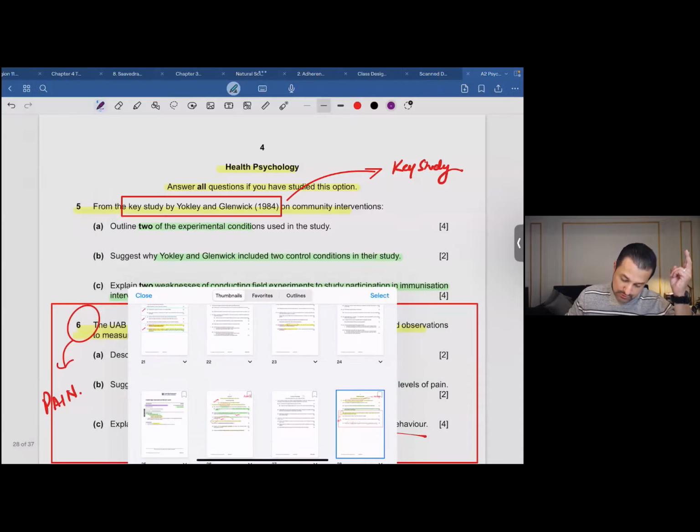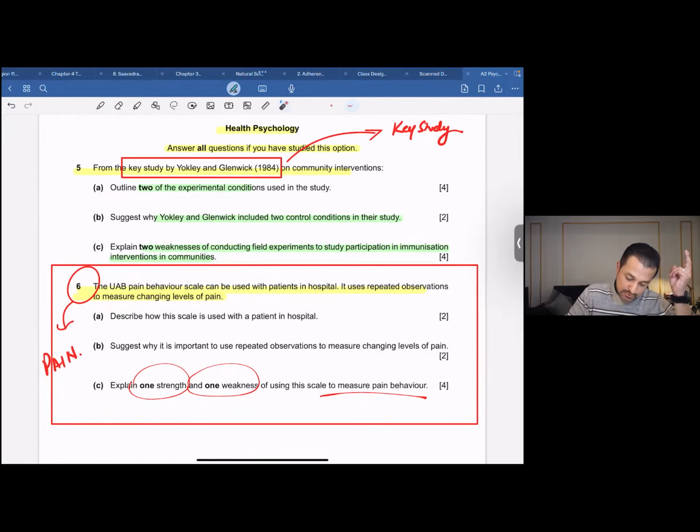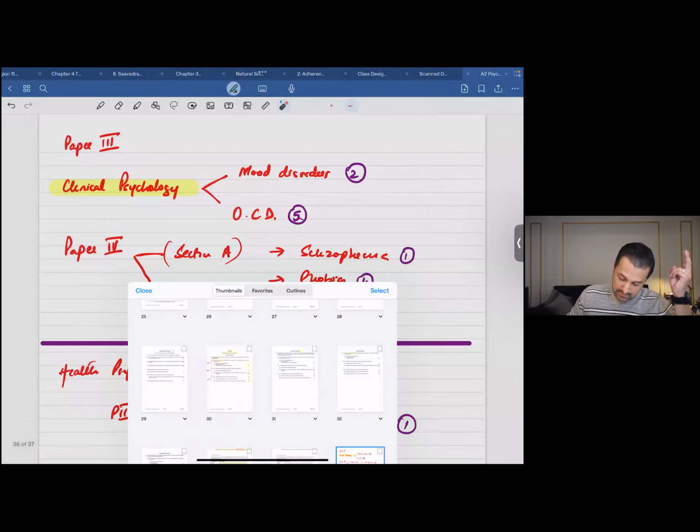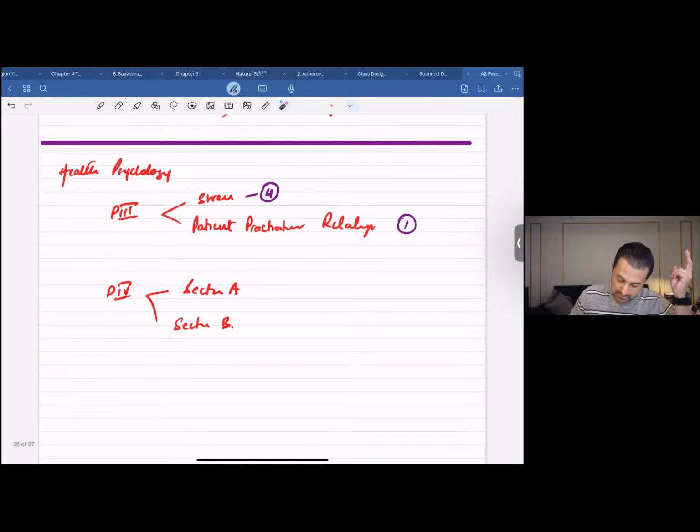Now moving on, you have a question from adherence to medical advice, and you have a question from pain. Here you go. This is about adherence to medical advice, and this is pain.